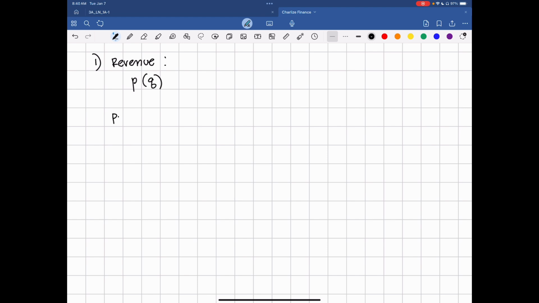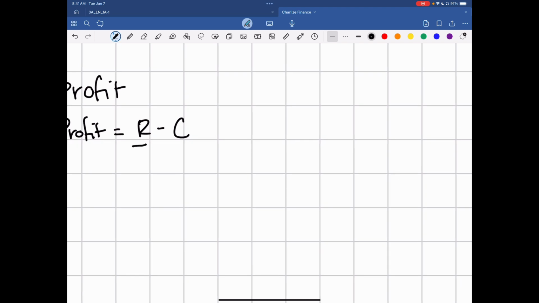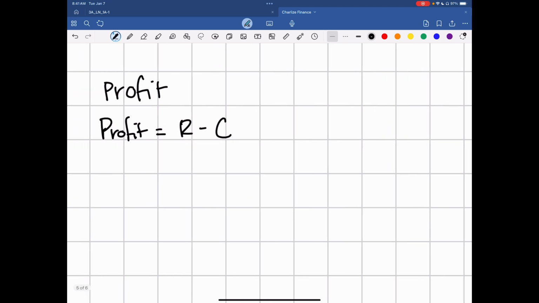I'm going to say revenue is equal to R, and so profit is equal to R minus C. And this makes sense because hopefully the R is bigger, so you never have a negative.